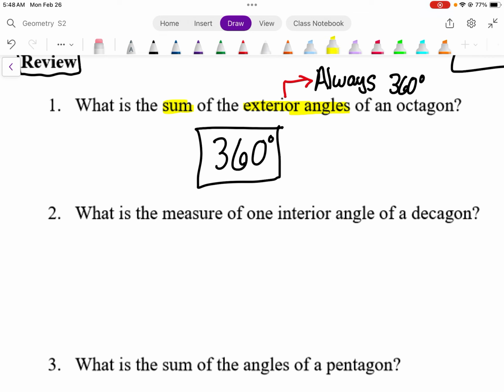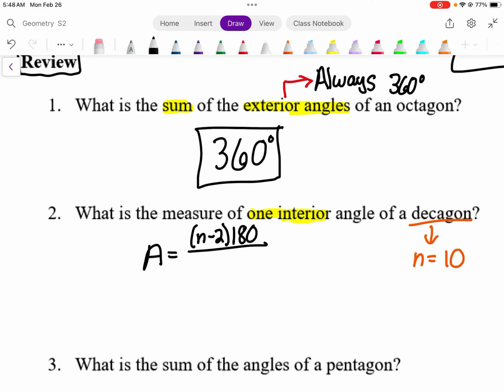Then for question number 2, what is the measure of one interior angle of a decagon? So the measure of an interior angle of a decagon, this one has 10 sides. So remember, if we're looking for one angle, we find the sum of all of them, which is n minus 2 times 180.